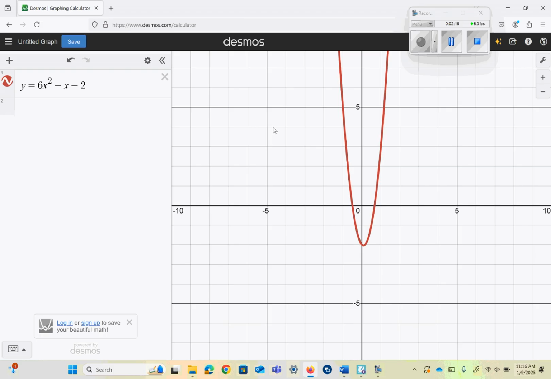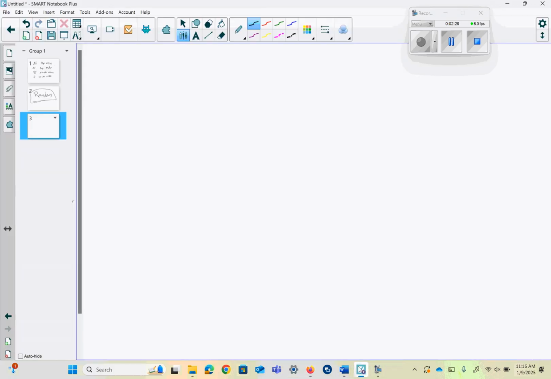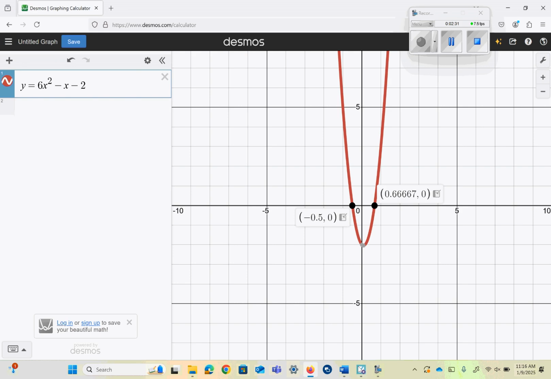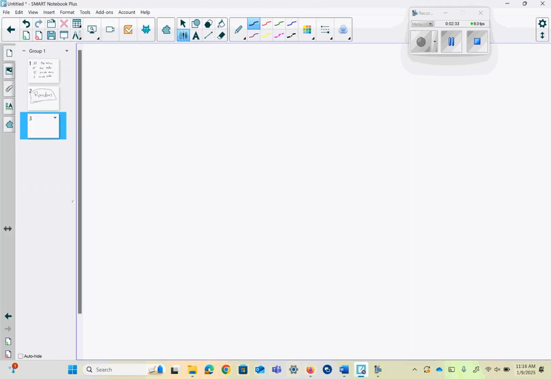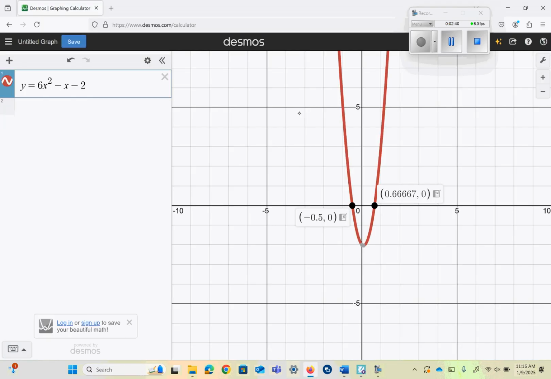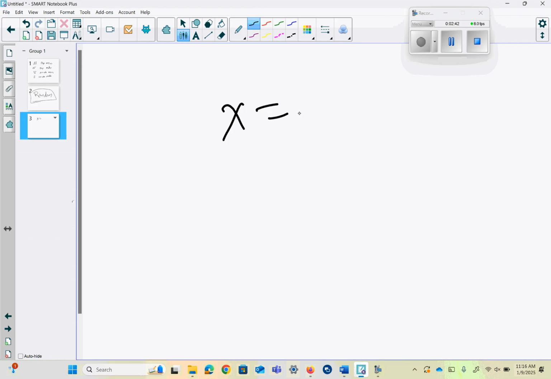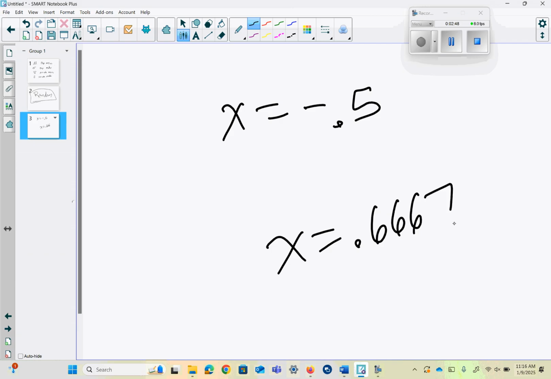So we have these two different locations that cross the x-axis. One is -0.5 and one is 0.667. We were talking about how to reverse engineer a lot of these things. So we got x equals -0.5, and x equals 0.6667.